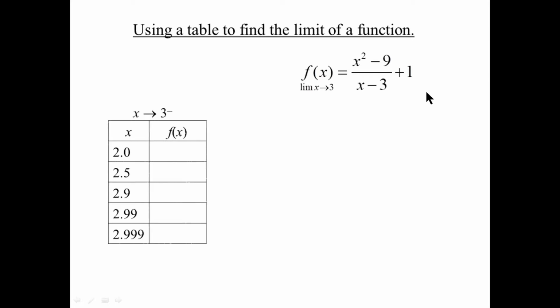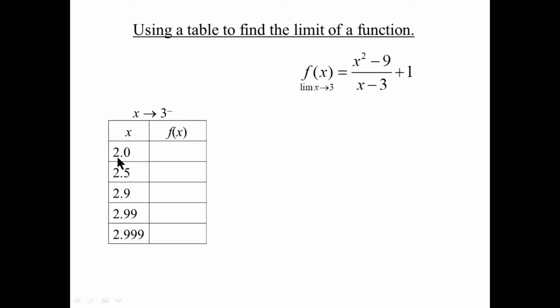Let's try one using algebra, using a table to find the limit of a function. There's a function. Let's find the limit as x approaches 3 of this function using a table. So we'll approach from both sides. Let's start by approaching from the left. As x approaches 3 from the left, that's what that means. So to the left of 3, we find the number 2.